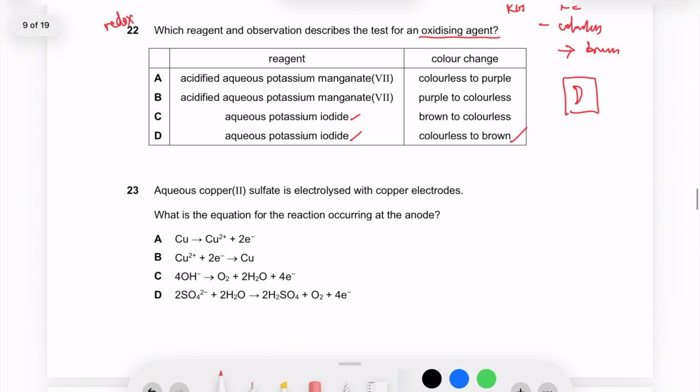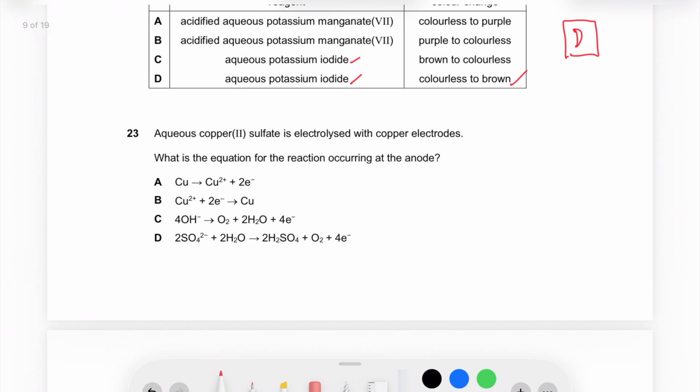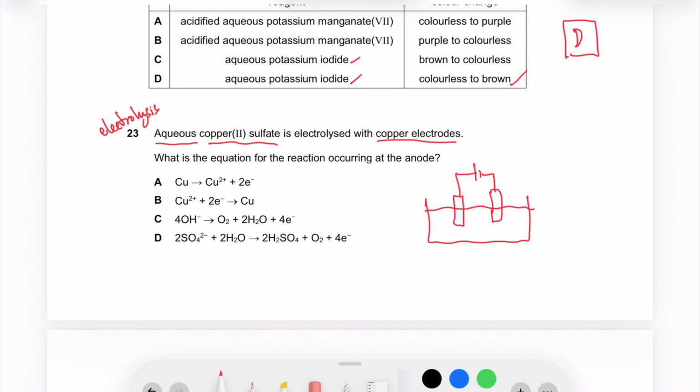23. So this is under electrolysis. Aqueous copper sulfate is using copper electrode. Okay, so watch out, it's copper electrode. So if you draw a fast setup, this plus, this minus.